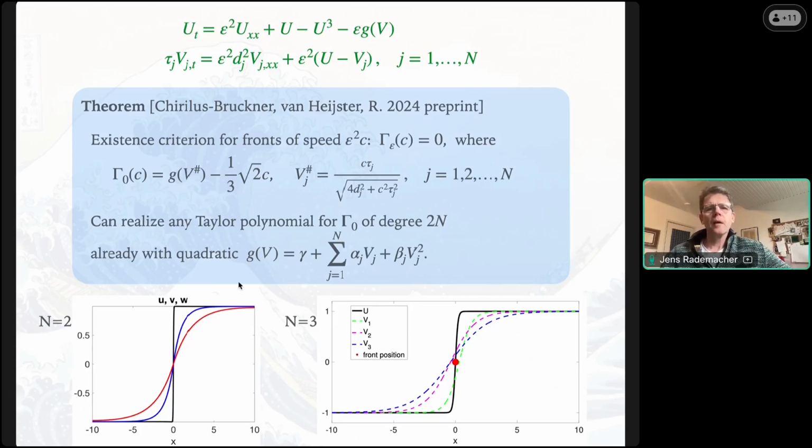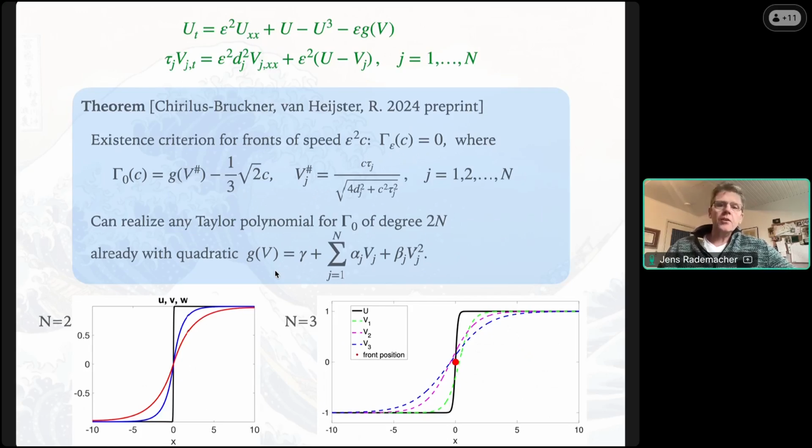And it's still true that for the PDE, this type of coupling function is sufficient to realize, in more fancy words, any scalar singularity. So we can embed a butterfly catastrophe or a swallowtail catastrophe or whatever you like. Yeah, this is quite nice. And we'll see a little bit more about this in a moment.